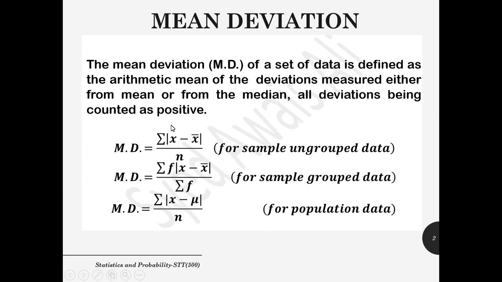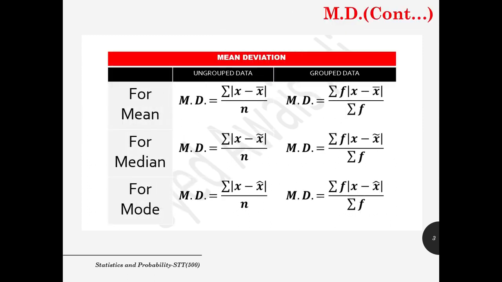Like that, we have the sum of deviations divided by n, and deviation can be measured from mean, median and mode. So these are the formulas if we are taking deviation from mean, then from median, and then for mode.